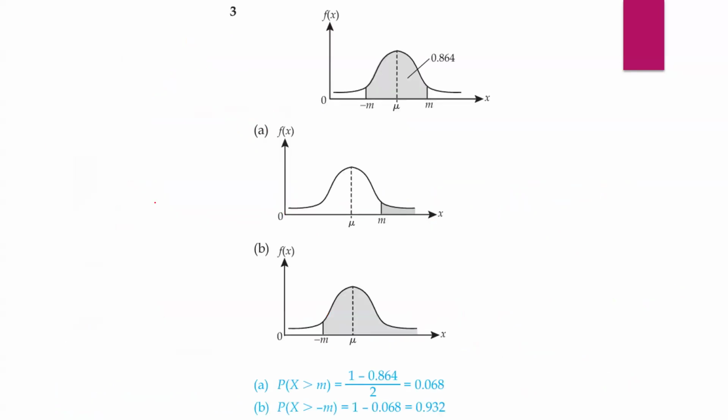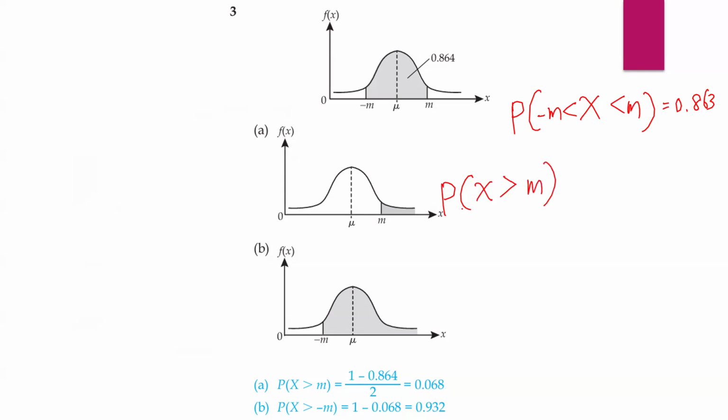Okay, question number 3. Okay, look at the question. This is the probability X is between negative m and m. Okay, this is 0.86. Next, what we need is X greater than m. We need to find out the probability X is greater than m.